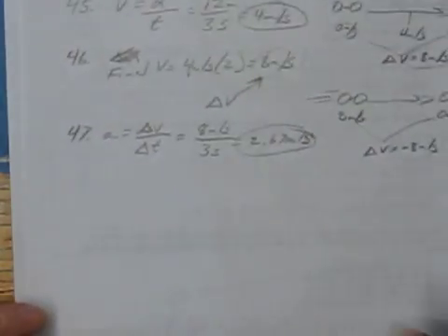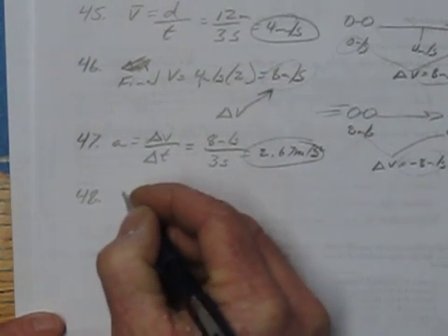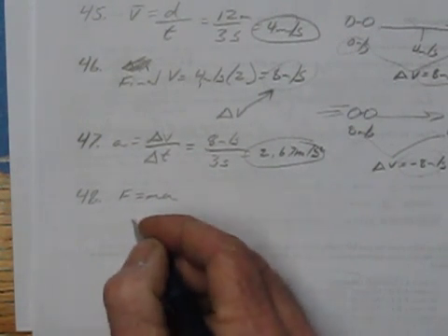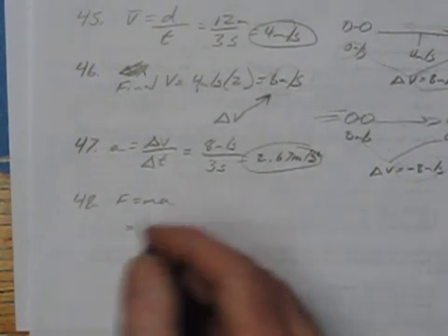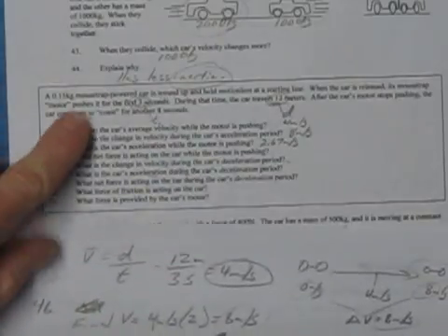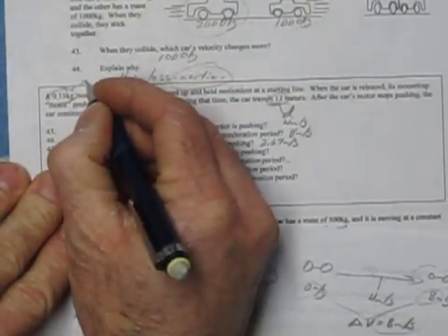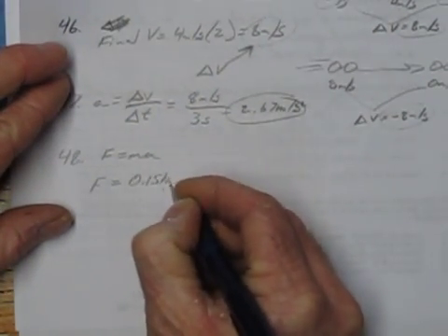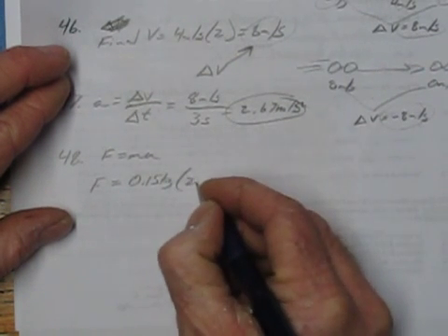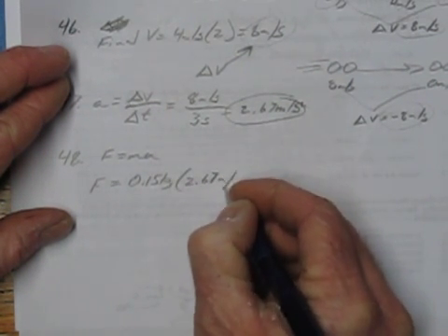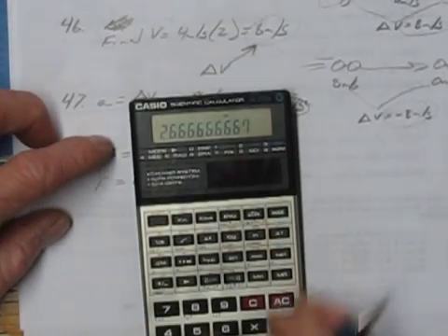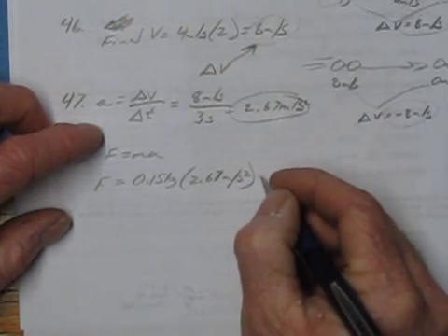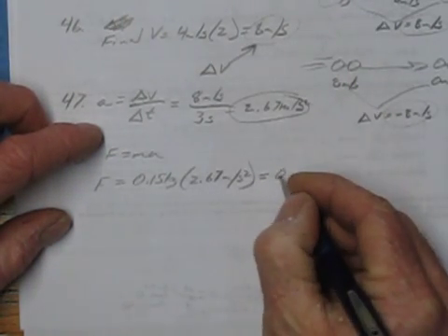What's the net force acting on the car? Number 48. Only got one formula for force, so that's the one we have to use. Force equals mass times acceleration. We just figured out the acceleration of the car, and you're given the mass. Here's the mass. It's 0.15 kilograms. Multiply that by my acceleration. Still have that on my calculator, so I'll just multiply it by 0.15. 0.4.